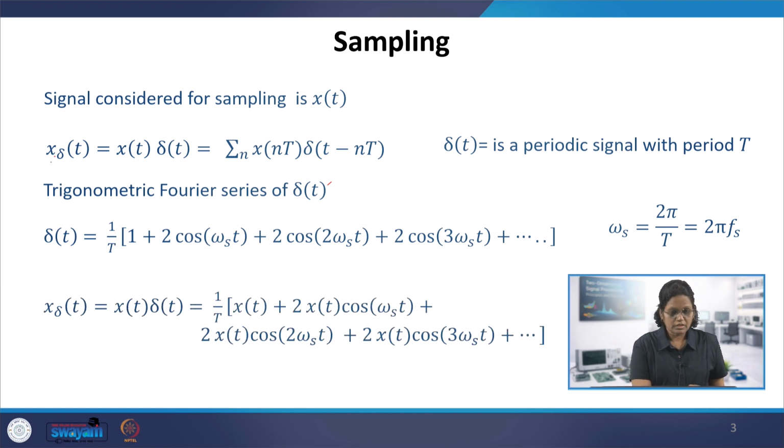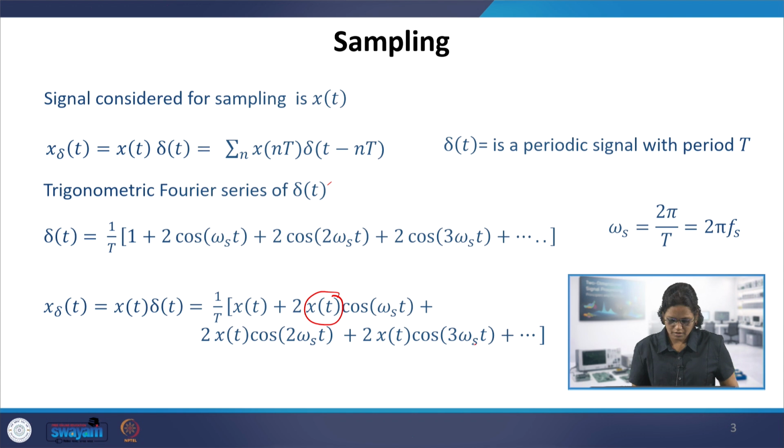Now for x delta of t, we multiply x of t with del of t, so the 1 is replaced with x of t, and everything is multiplied with x of t: 1 by T x of t, 2 into x of t cos omega s t, and so on. So you see the change in the amplitude due to the multiplication in x delta of t.